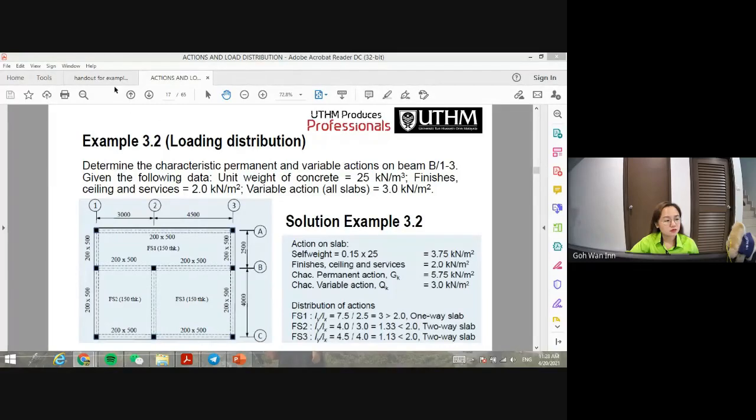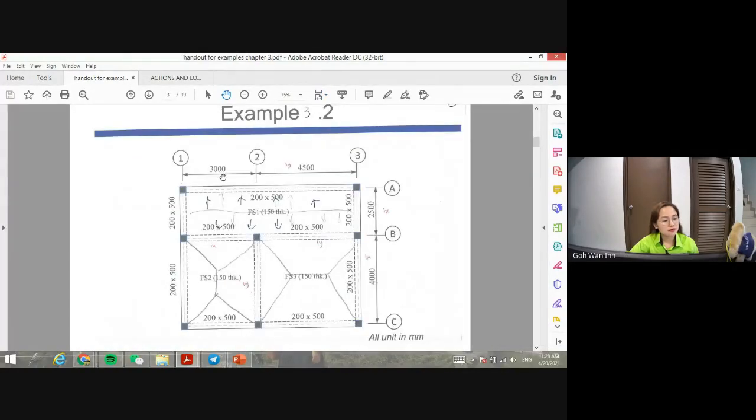Okay? So what I like to do is the manual one. Okay, so first you need to determine which is Ly, which is Lx. So for this one, you will have Fs1, Fs2, and Fs3.